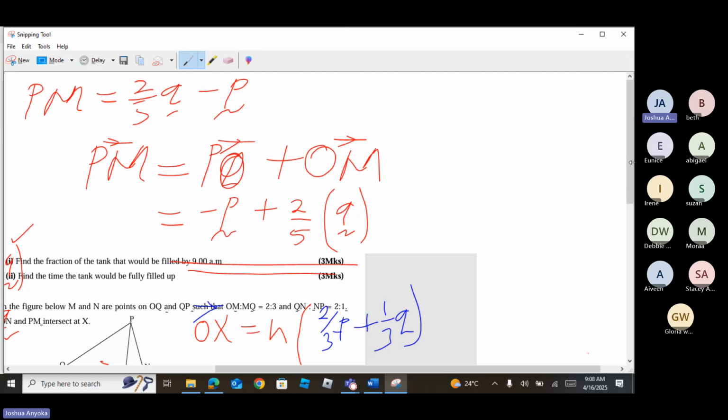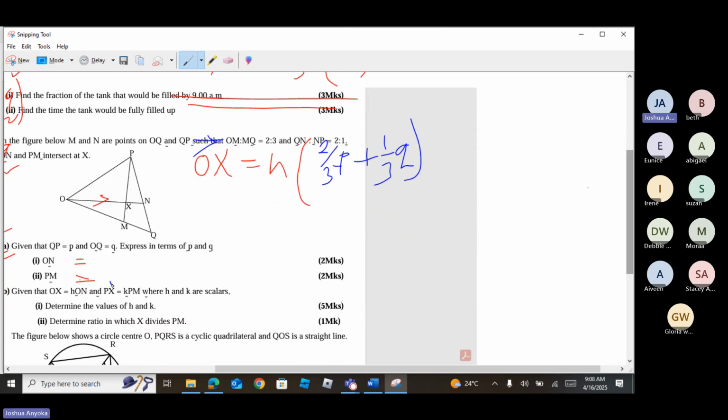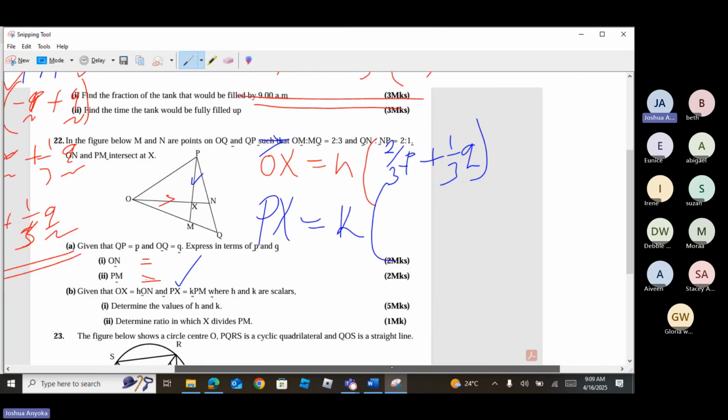And we are also told that vector PX is equal to KPM. And already we have worked out for PM.